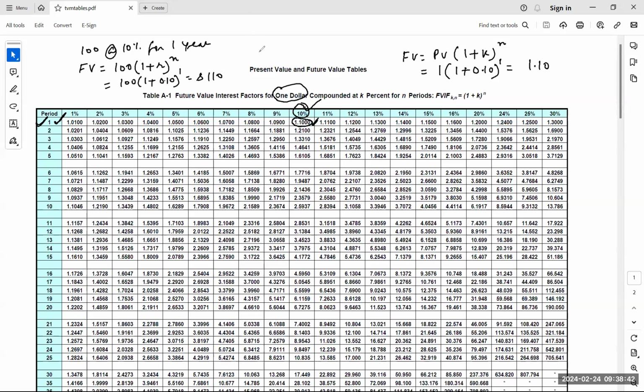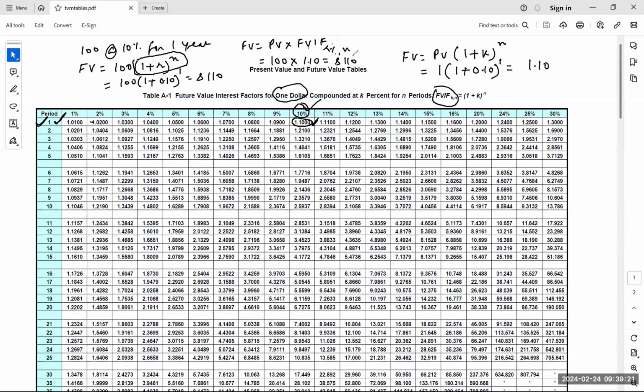I could also have written this as FV is equal to PV multiplied by, because I know this 1 plus R to the power of N is nothing but the future value interest factor, this thing. I could just write here future value interest factor at R% for N periods. And then I could just plug in $100 is my present value. Future value interest factor at 10% for one period is 1.10. I look it up from the table and just calculate like that.